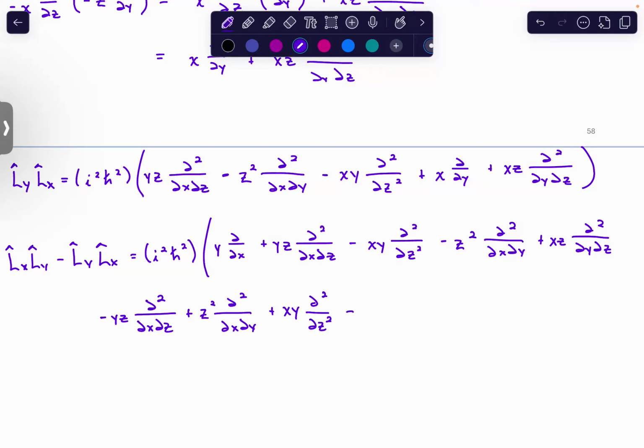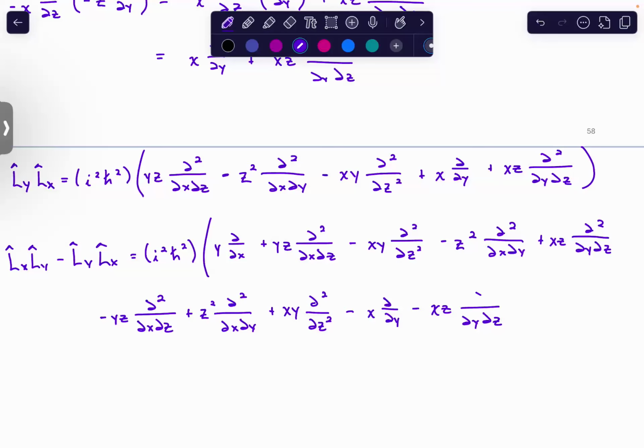You're about to see what quantum mechanics loves to do. You do a bunch of work. Quantum mechanics does this, and statistical thermodynamics does this a lot.